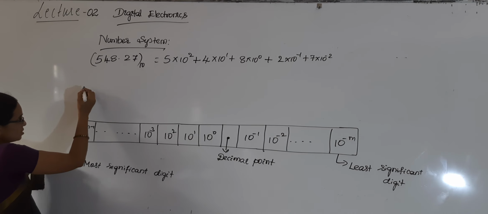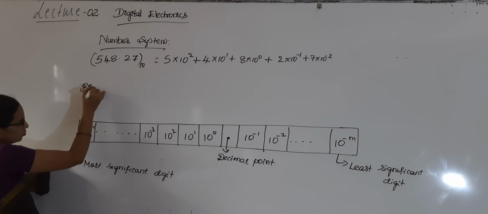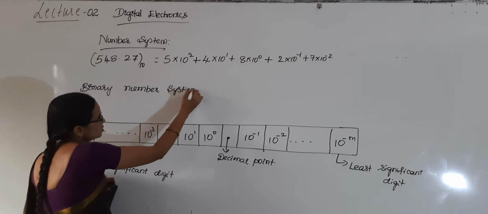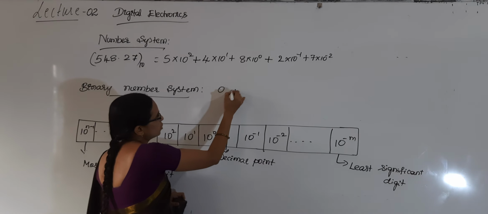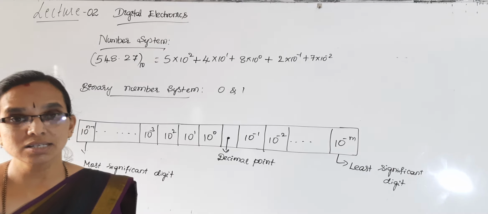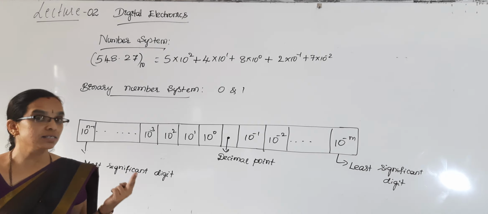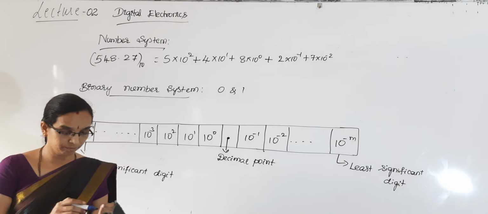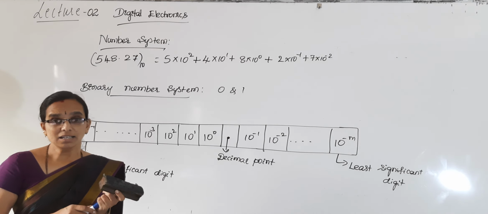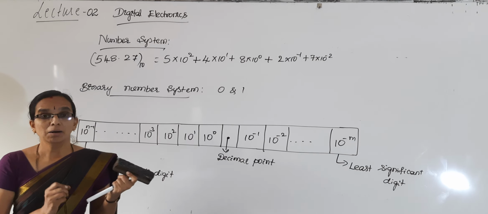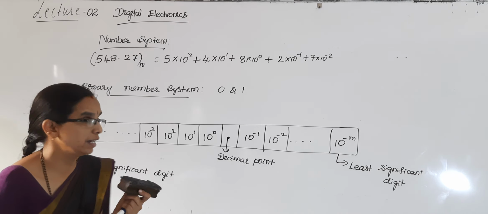In the binary number system, which uses two different symbols, that is 0 and 1, to represent any number. It uses only two symbols, 0 and 1. Again, a binary digit is a product of the bit and its place value.